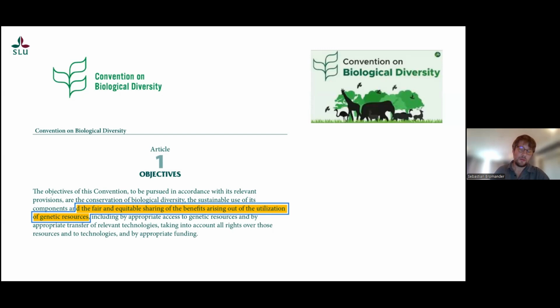So I would say what Nagoya is trying to do is to put this principle into action. It's good to keep in mind where it comes from when working with it; this is the main source.